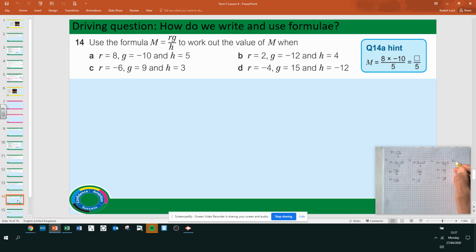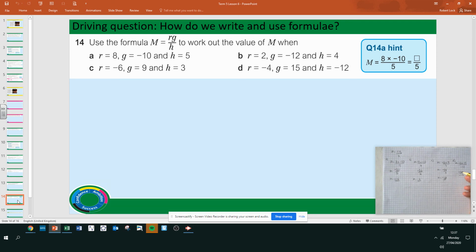D. M equals minus 4 times 15 over minus 12. So 4 times 15 is 60, so it's minus 60 over minus 12.